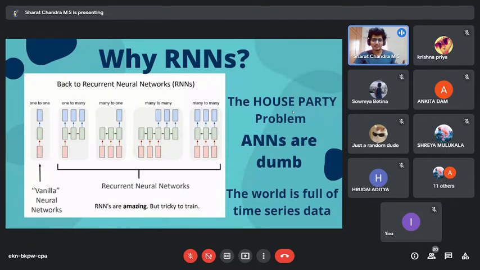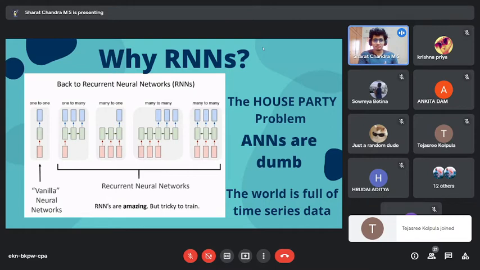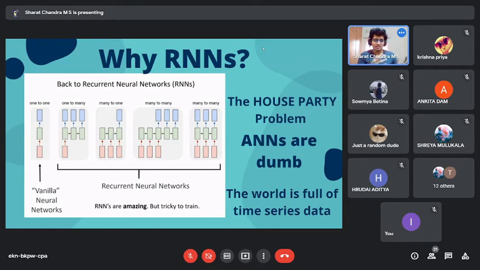And why RNNs? Coming to the main topic finally, RNNs are nothing but recurrent neural networks, a different type of neural networks. So basically, what we saw till now is, at an abstract level, how everything works in a basic neural network. You give some data, it learns the patterns of that data, and it predicts something.